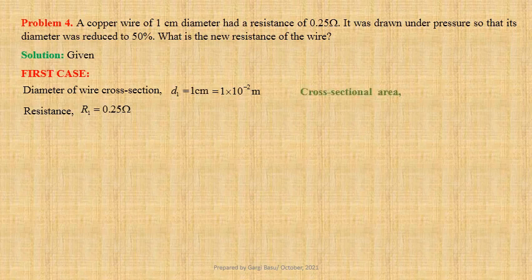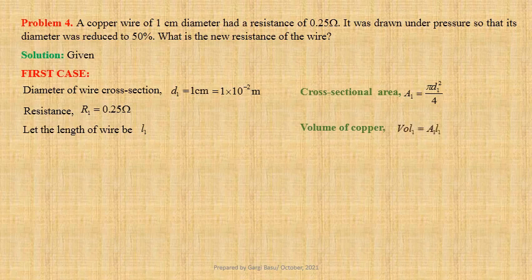Cross-sectional area A1 equals pi times D1 square divided by 4. Let the length of the wire be L1. Volume of copper Vol1 equals A1 into L1. Expression for resistance of the wire R1 equals rho into L1 by A1.